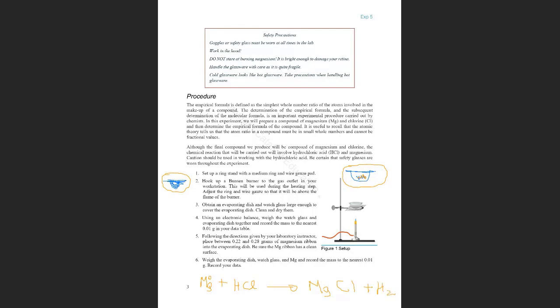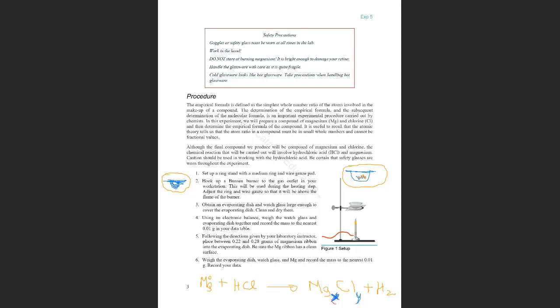You know the compound, but because we are trying to calculate the empirical formula, all we are trying to do is calculate, let's say, the X of the magnesium. What is this number here? And we are going to calculate the Y. The empirical formula is calculating these numbers, the X and the Y. You know how to write magnesium chloride, but we are going to make sure that this is correct.